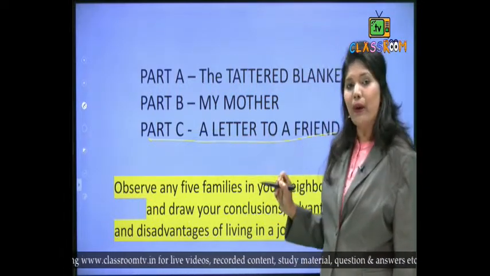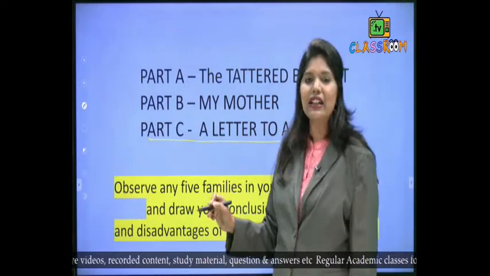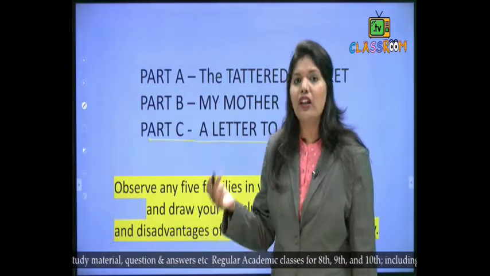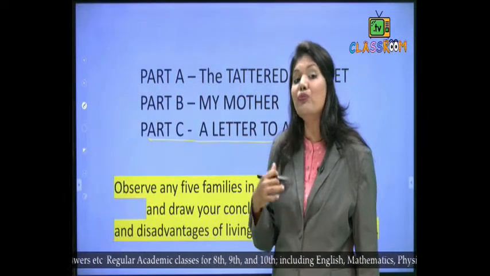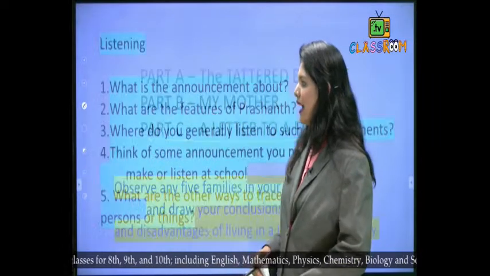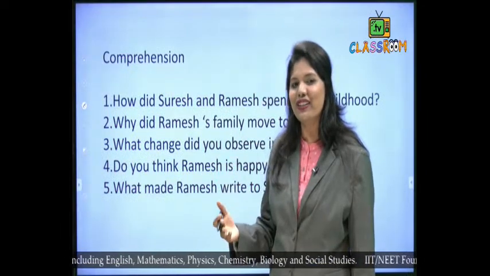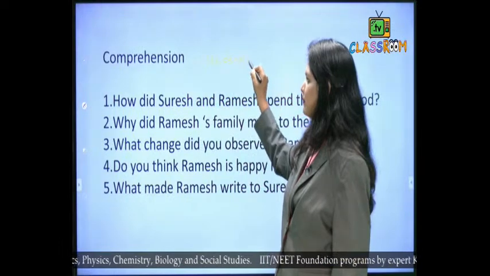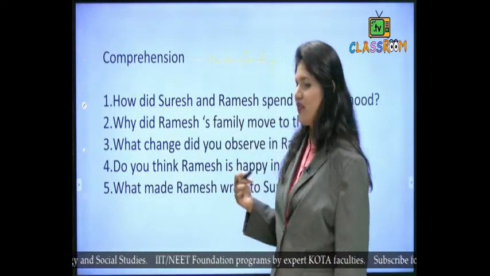Part A and part B, you are questioned in your examinations, whereas part C is for pleasure reading. You read just for fun. So when we read just for fun, it is more about how much we understand. Therefore, we have a comprehension check. Comprehension means understanding. Okay, so how much did you understand is what we are going to check right now.